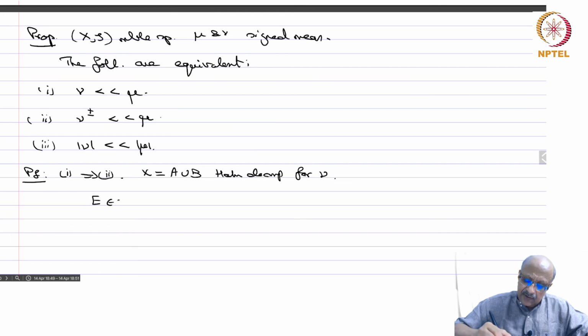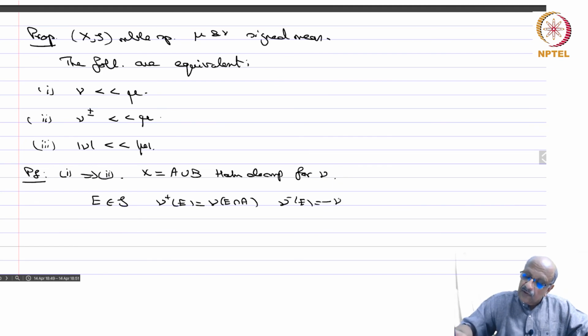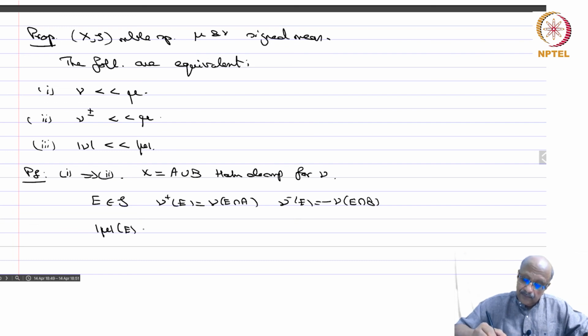So E in S, so nu plus of E equals nu of E intersection A, and nu minus of E equals minus nu of E intersection B. So if mod mu E equal to 0, then 0 is less than equal to mod mu of E intersection A, which is less than equal to mod mu of E. It's a measure, so it's monotone, and that is 0, and therefore this is equal to 0.